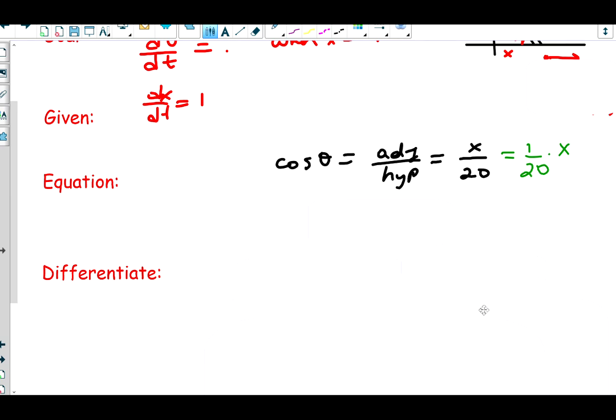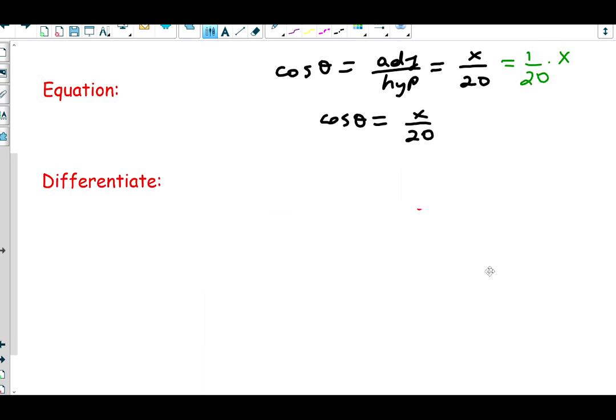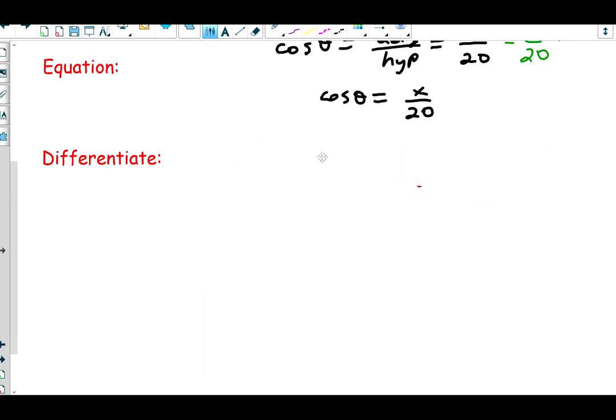So let's take the derivative of both sides. I prefer the 1 over 20 times x version because it helps me when I differentiate. The derivative of cosine is negative sine theta.